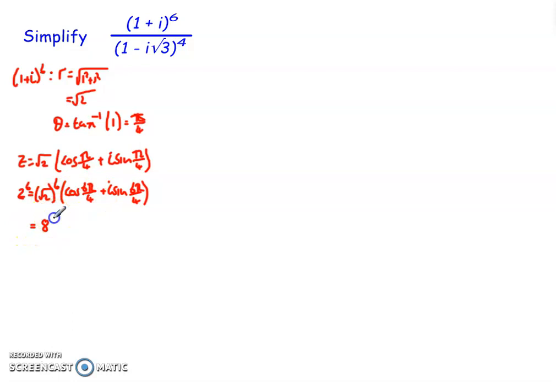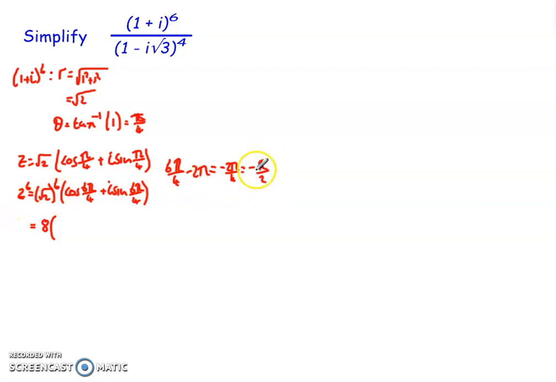Cos of 6 pi over 4, well, 6 pi by 4 is outside our negative pi to pi range. So we take away 2 pi to bring it back. So 6 pi over 4, take away 2 pi, that's the equivalent of 6 pi over 4 take away 8 pi over 4, that's going to equal negative 2 pi over 4, which is going to equal negative pi over 2.